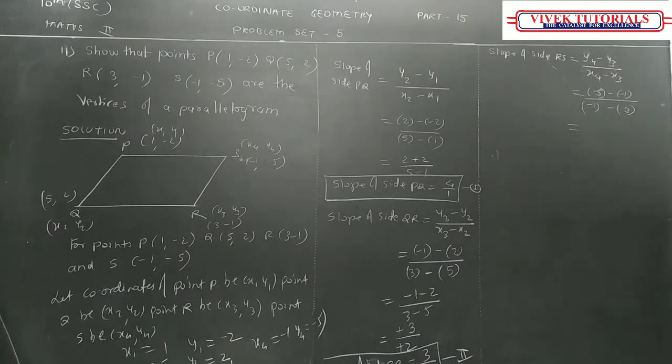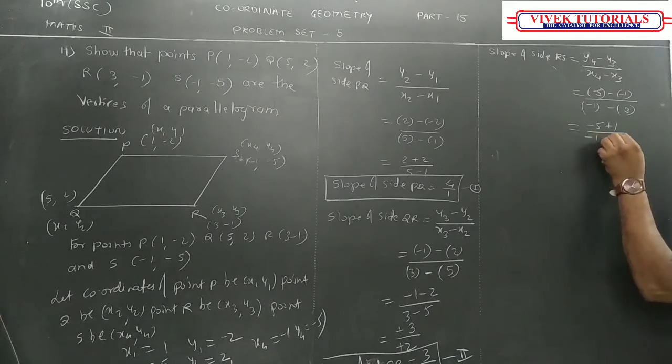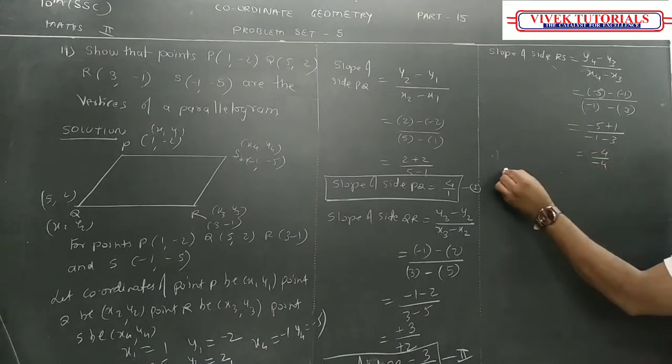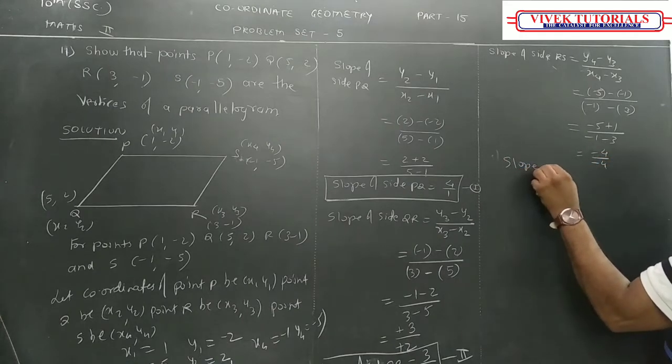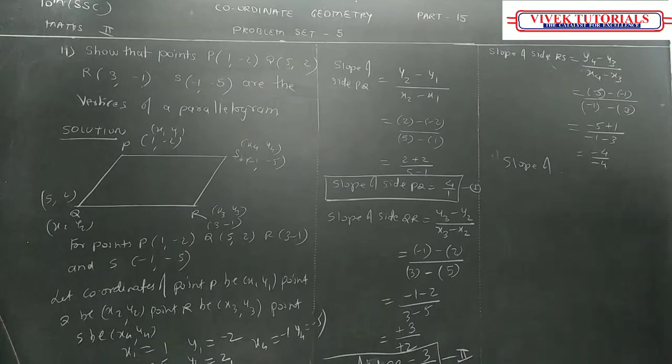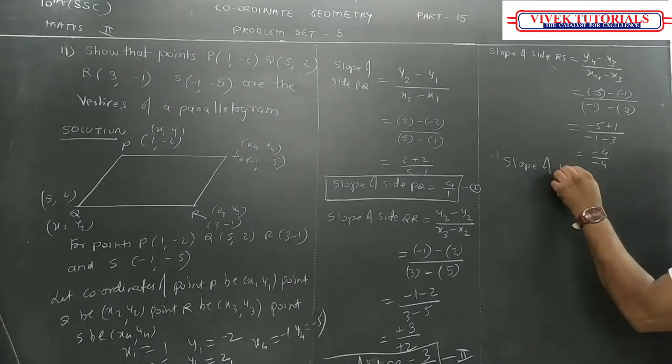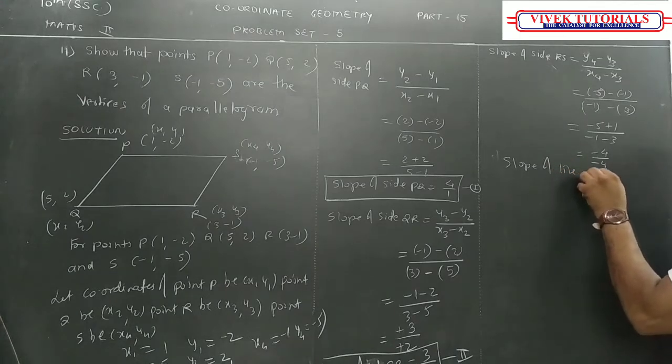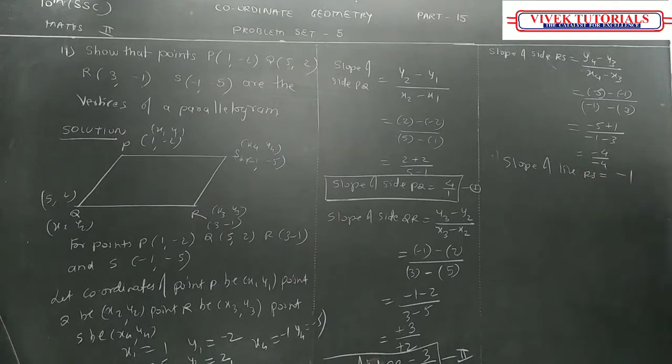So we are getting minus 5 plus 1 upon minus 1 minus 3, which is minus 4 upon minus 4. What you got? Slope of line RS is equal to minus 1.